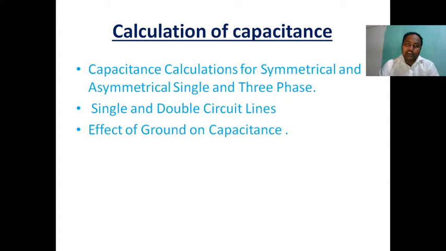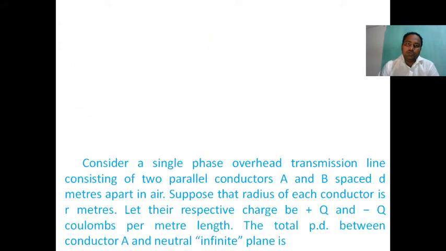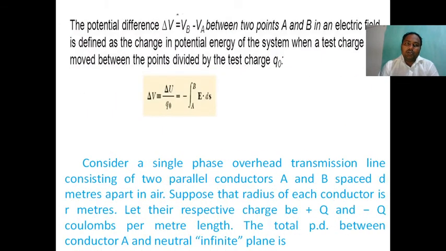While considering the effect of ground, what happens to the capacitance value? This is a very important phenomenon. While taking the earth into consideration, what happens to the capacitance values, we will discuss one by one. So capacitance C is equal to charge per unit voltage.